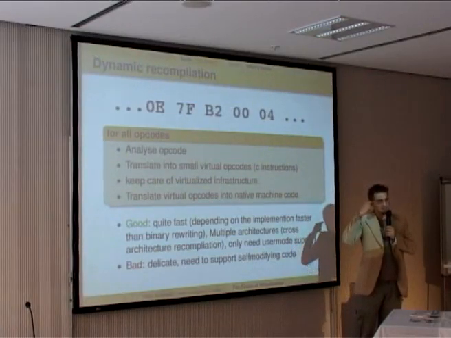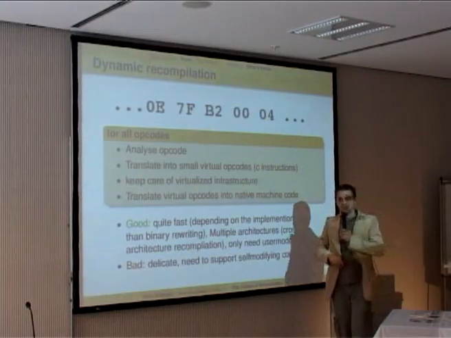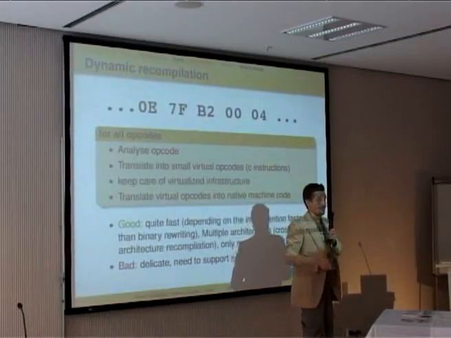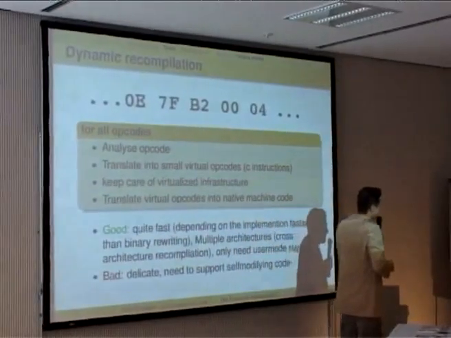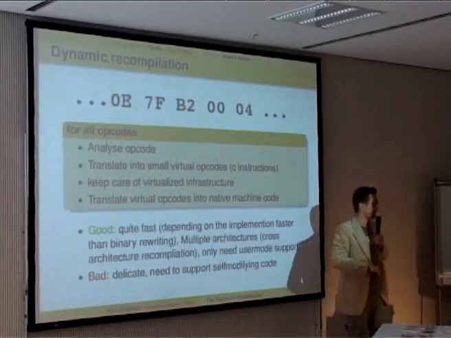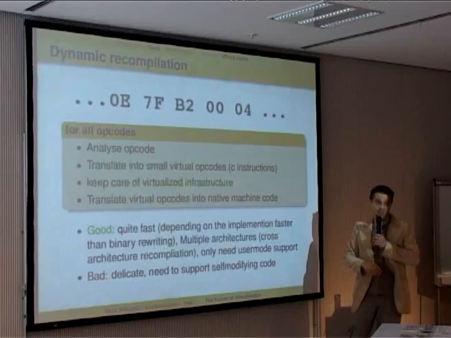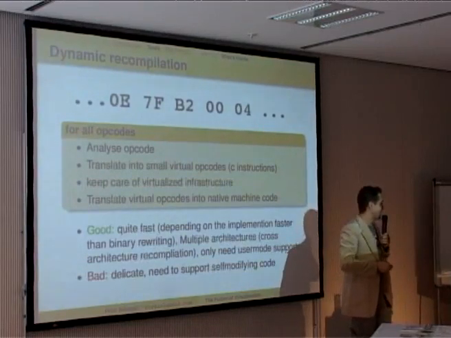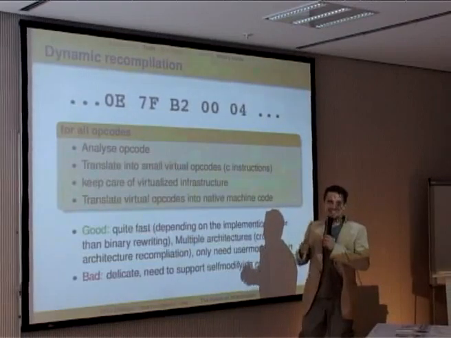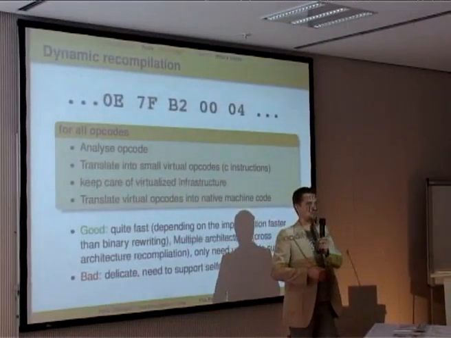You parse it, you know the instruction, you recode the instruction into small C instructions, while you keep care of the virtualized infrastructure, and then you translate these C instructions again into native machine code.